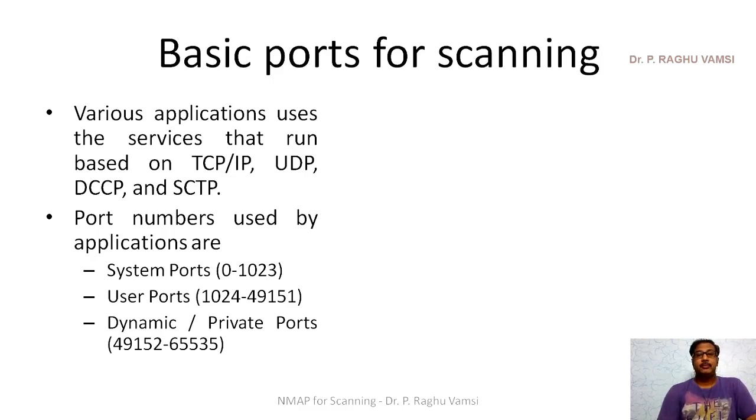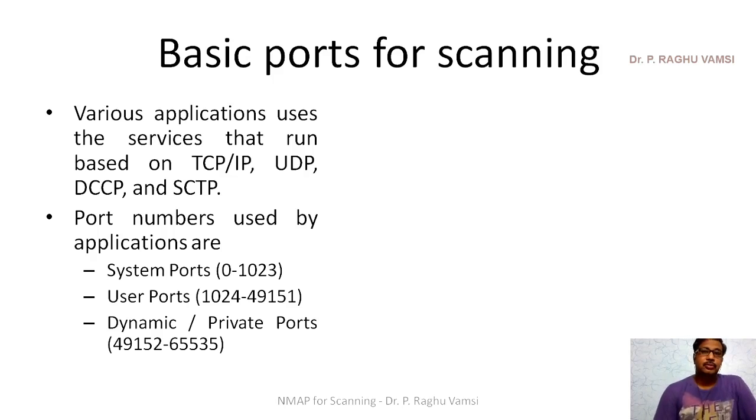In any computer, there will be 2 power 16 port numbers available. That means around 65,535 port numbers are available, in which 0 to 1023 are the system ports. Those are system reserved ports that cannot be used for user defined applications.